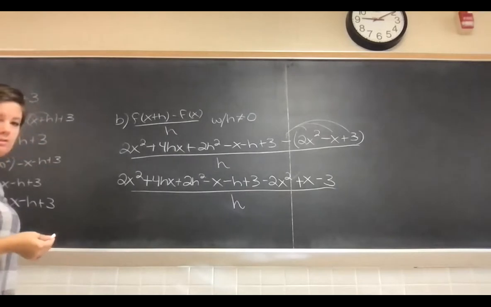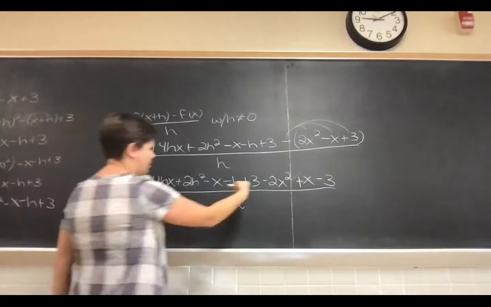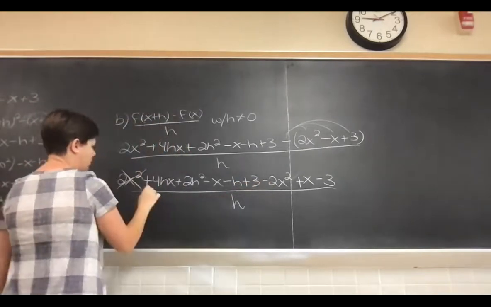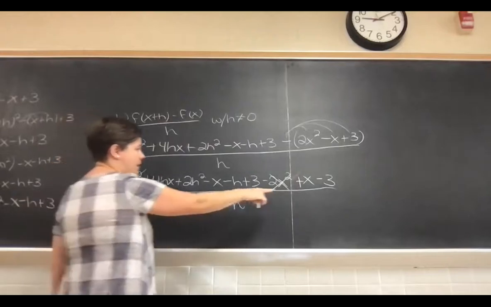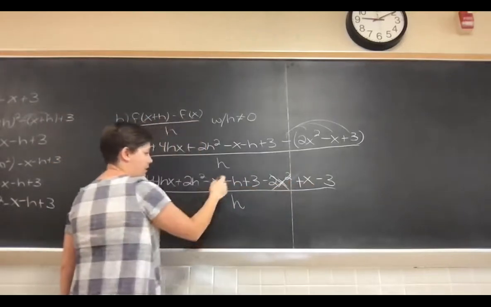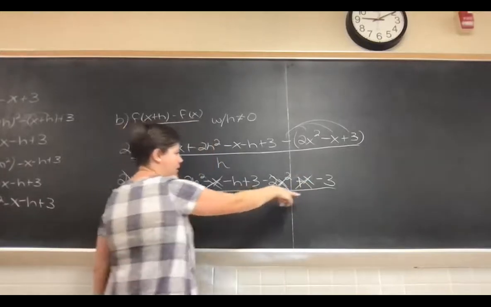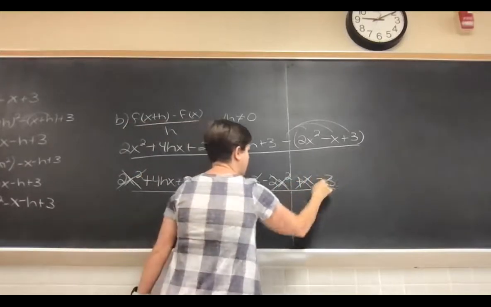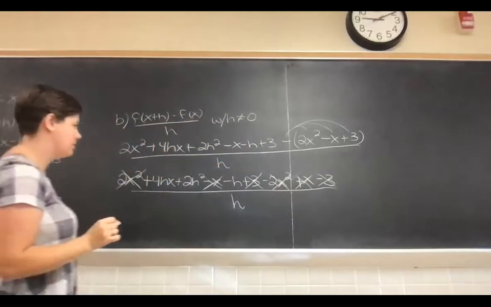Well, now I look to see if there's anything I can combine on top. I have a 2x squared and a minus 2x squared, so those are going to go away. I have a positive x and a negative x, so those are going to go away. And I have a positive 3 and a negative 3, so those are going to go away. This is always what happens with this.